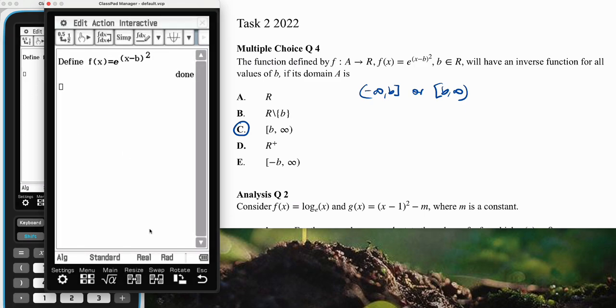So now b is already a variable again. Can I just point out, before your SAC, you should be clearing your variable manager of any variables you may have had from previous calculations.